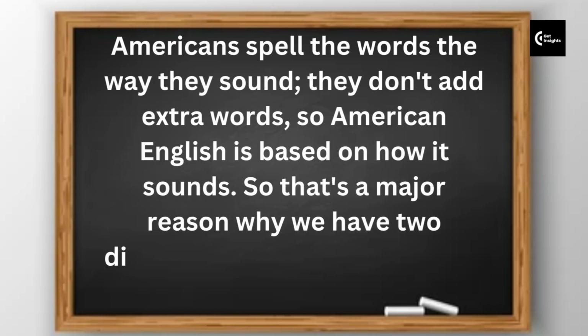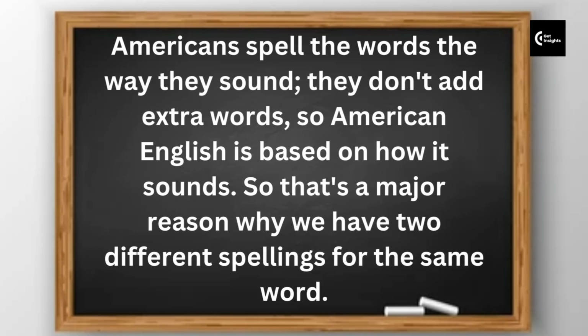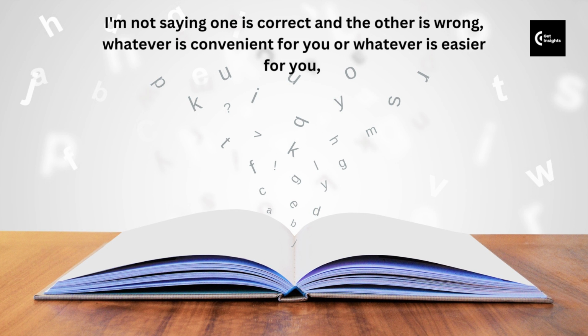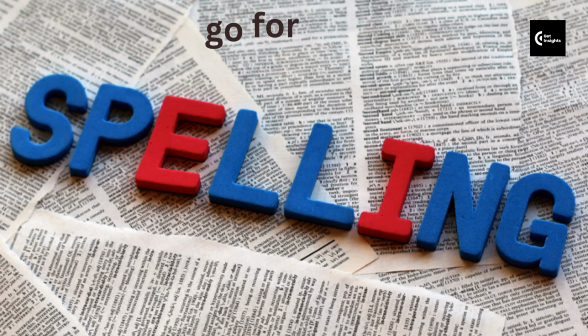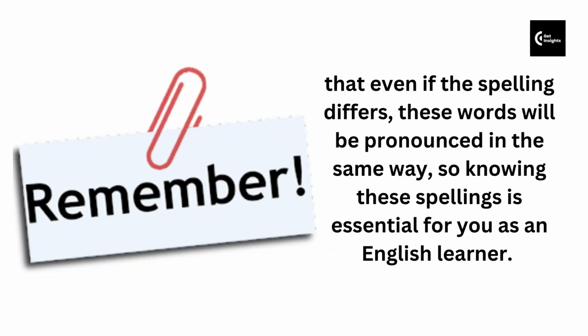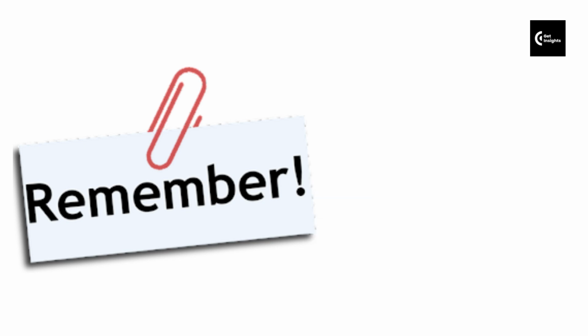So that's a major reason why we have two different spellings for the same word. I'm not saying one is correct and the other is wrong, whatever is convenient for you or whatever is easier for you, go for that. Remember that even if the spelling differs, these words will be pronounced in the same way, so knowing these spellings is essential for you as an English learner.